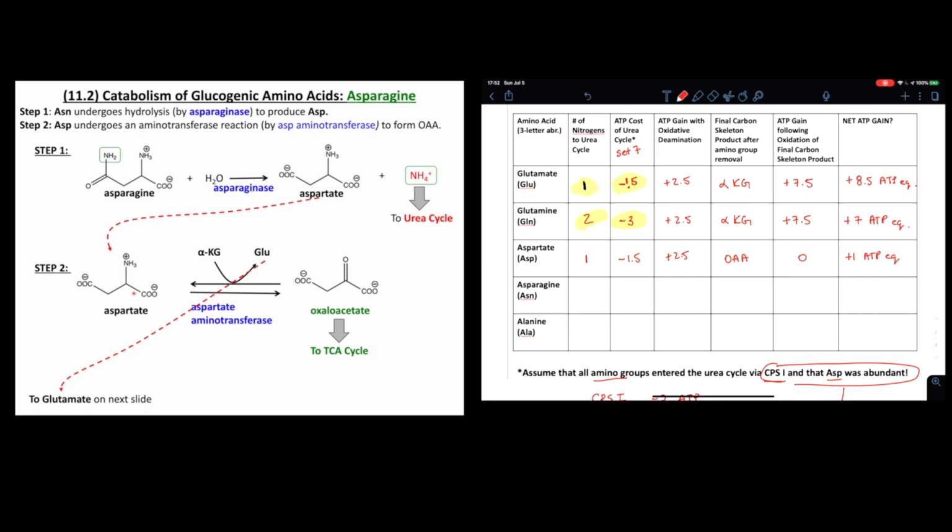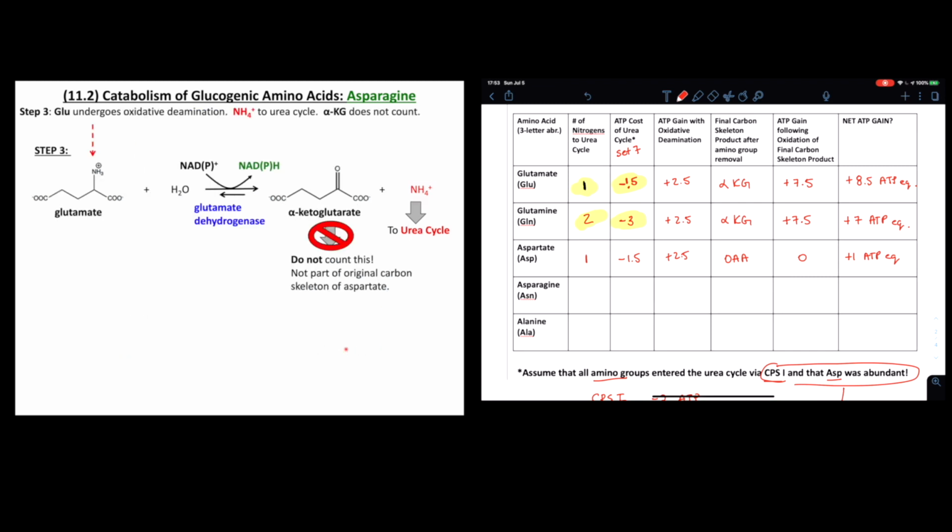Then aspartate is just going to be like the exact same thing we saw on the last one. So it's going to undergo the aminotransferase reaction through aspartate aminotransferase. It's going to transfer the amino group onto alpha ketoglutarate to make glutamate. And then the alpha keto acid of oxaloacetate is going to go to the TCA cycle, which is worth nothing. Remember, that's worth nothing in terms of ATP.